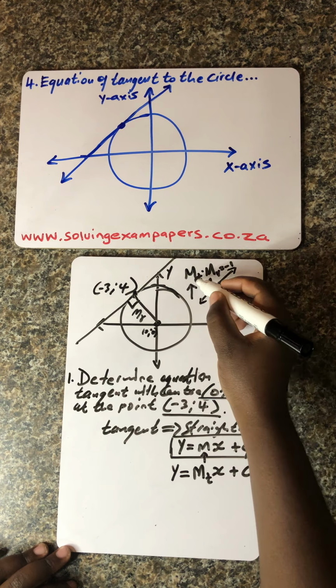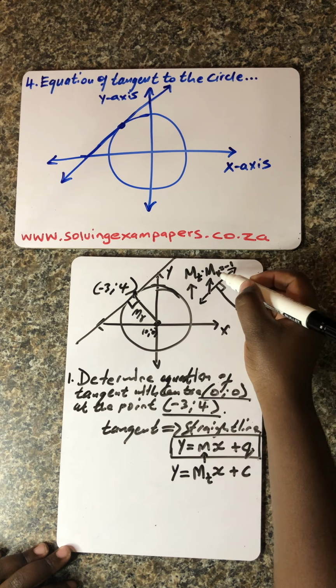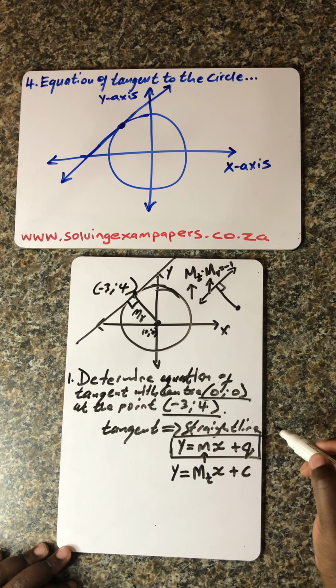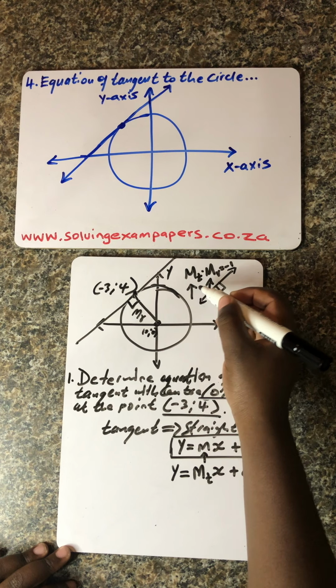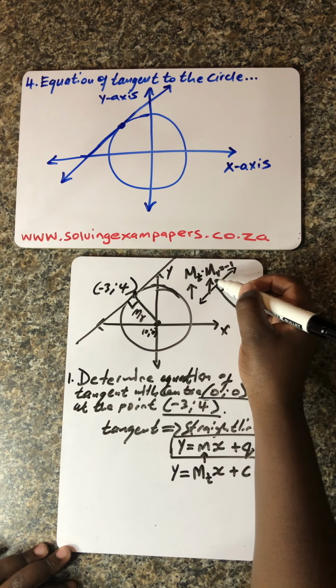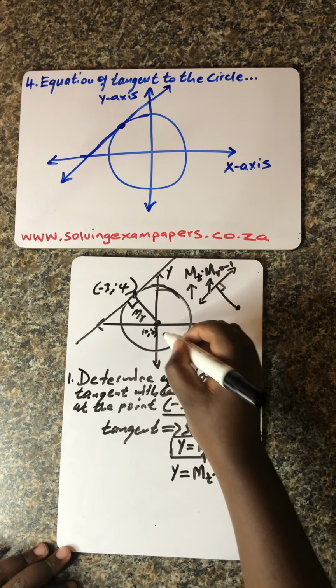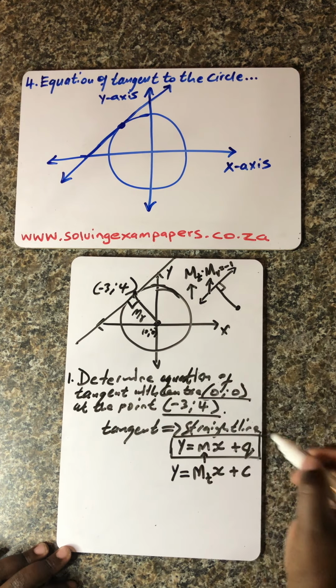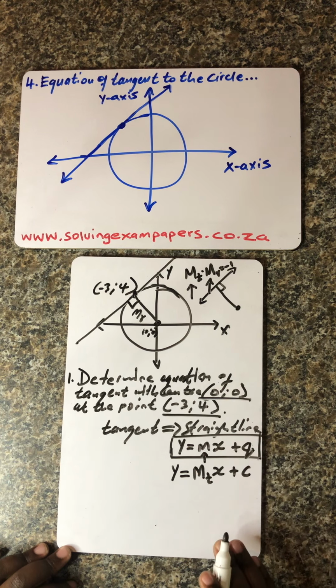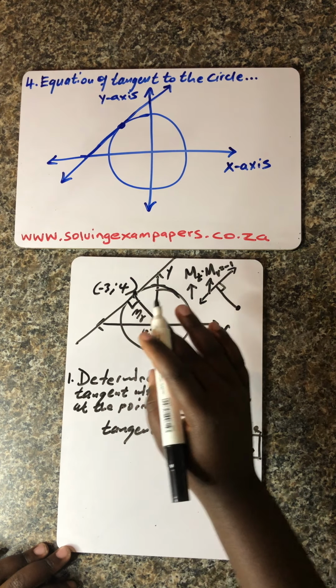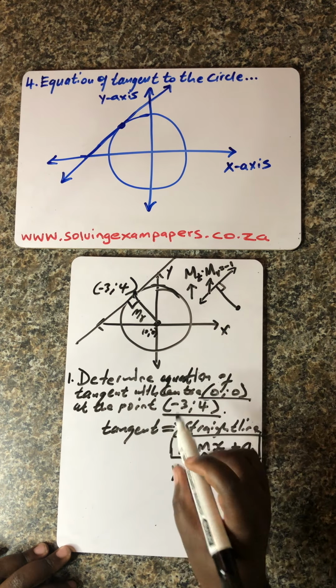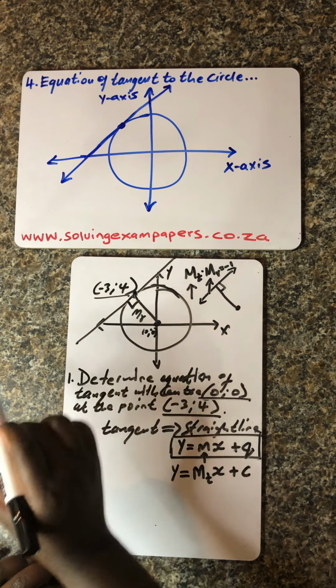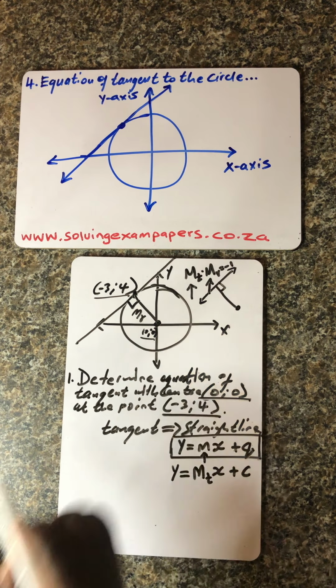If we know m of t, we can calculate m of r. Remember, when I say m of t is the gradient of the tangent, and m of r is the gradient of the radius, you just need to know one in order to calculate the other. It depends on the information that we're given. So in this case, we are given 2 points, ladies and gentlemen, that point of contact and the point at the center.